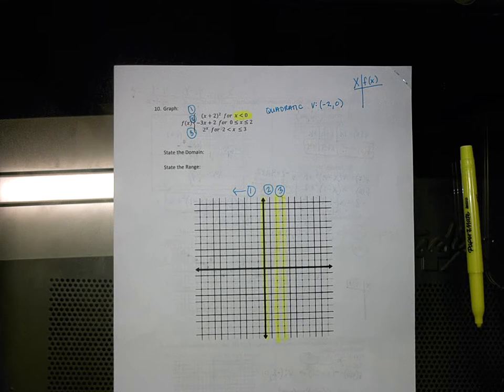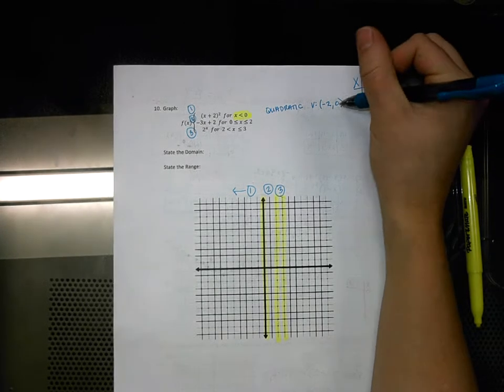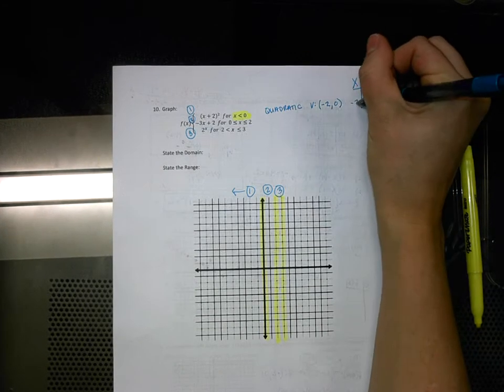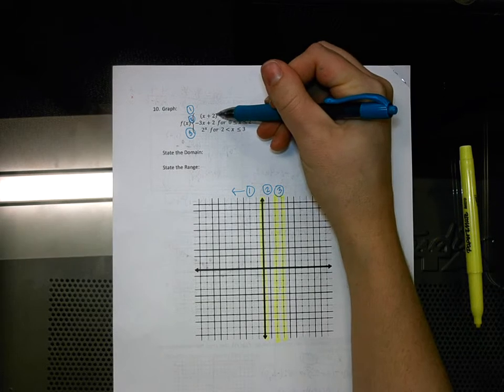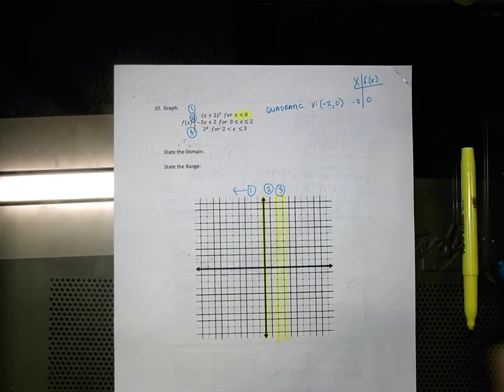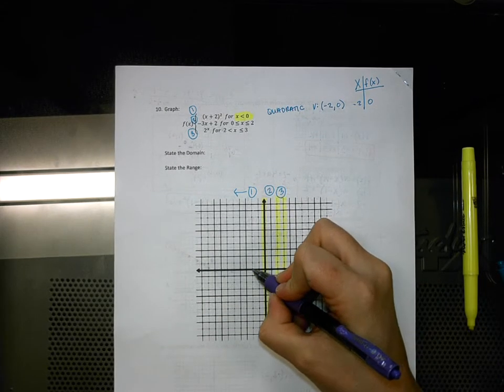So I make sure to plug in numbers. So if I were to plug in -2 plus 2 is 0, 0 squared is 0. That's where the vertex comes from. So -2, 0. This is my vertex.